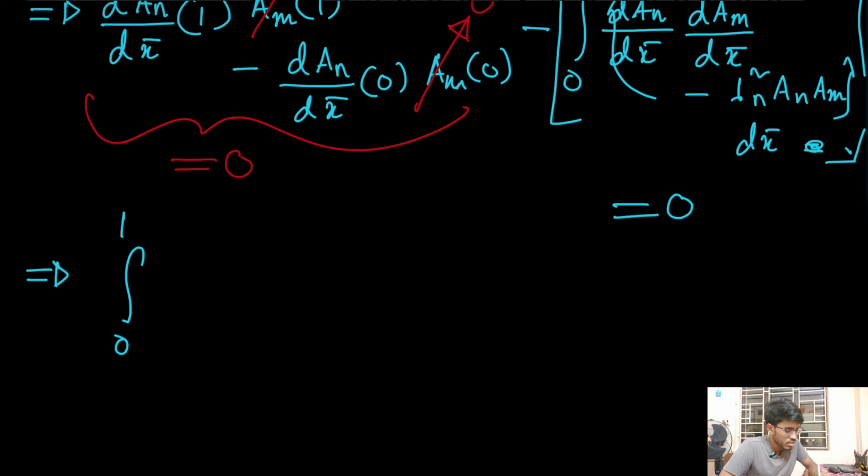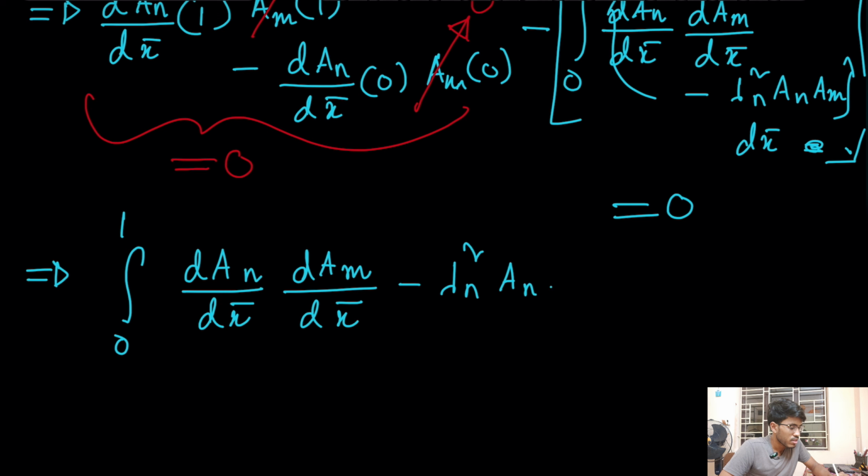So this is my only equation: minus lambda square an into am dx equal to 0.